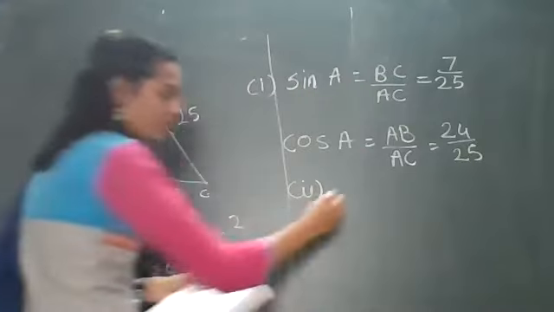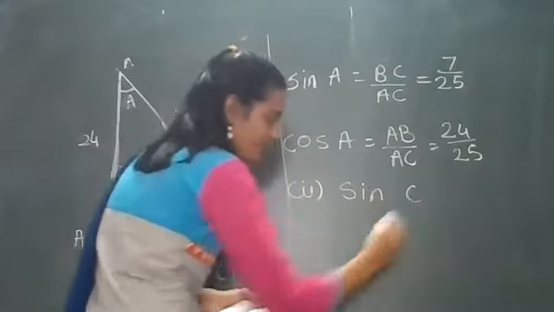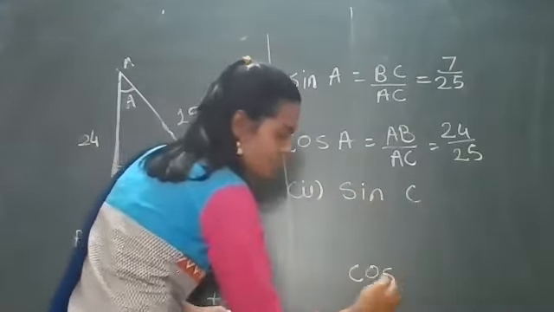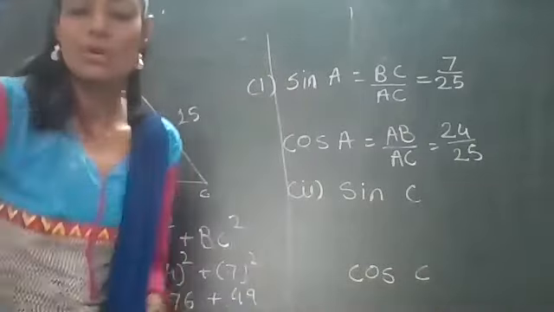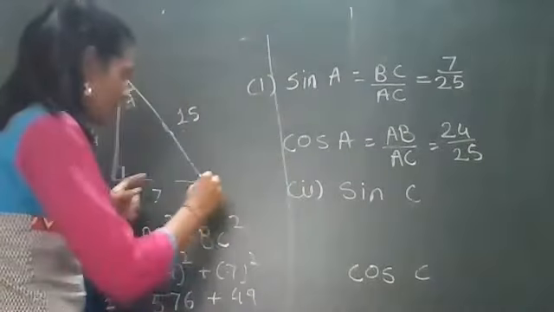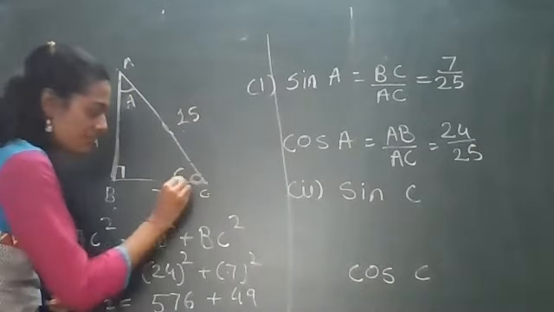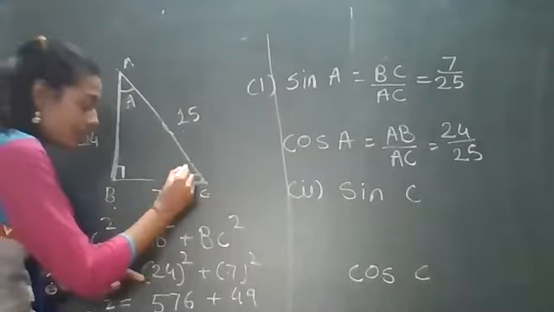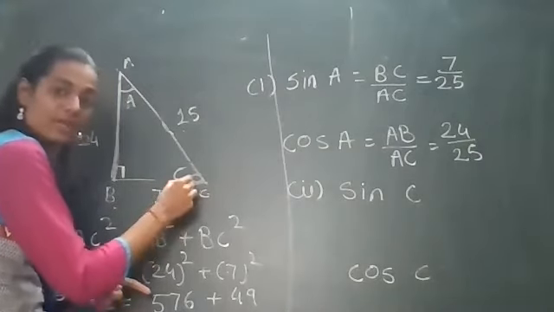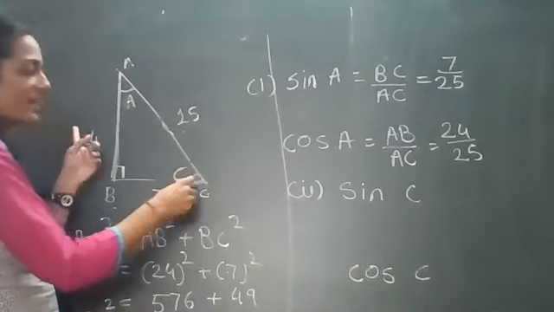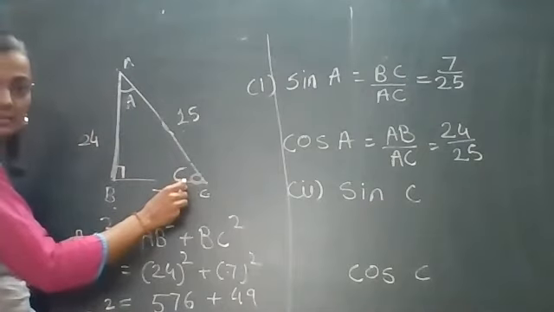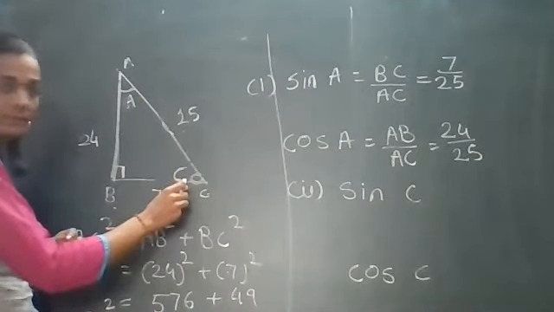What do we have to find? Sin C and cos C. Now, sin C means we have to consider this angle, angle C. What is the opposite side of this angle? AB. Right.